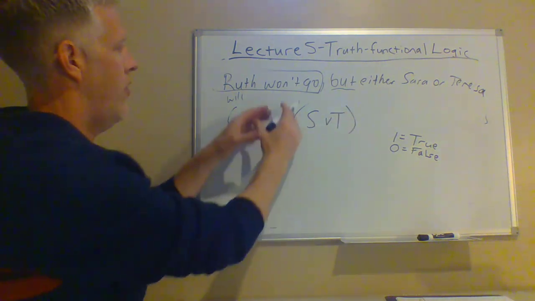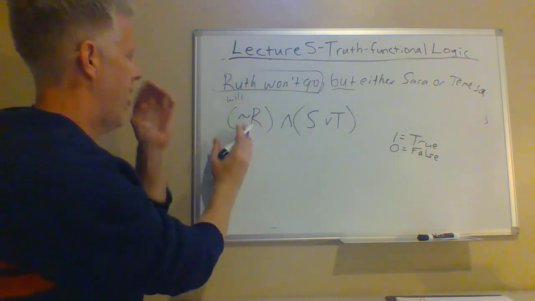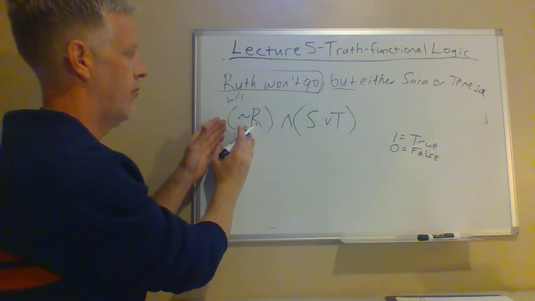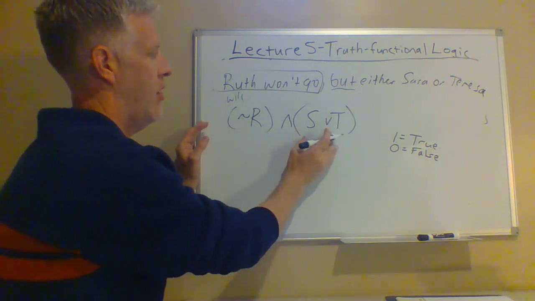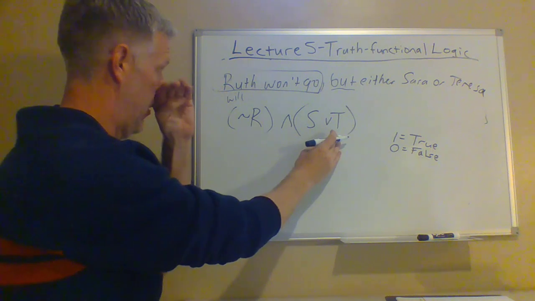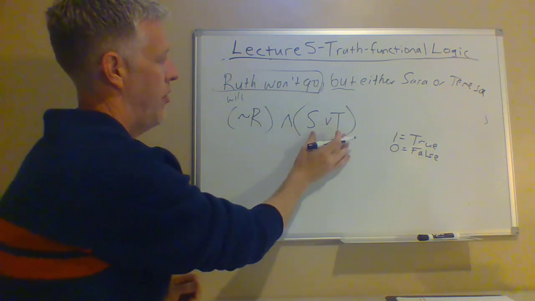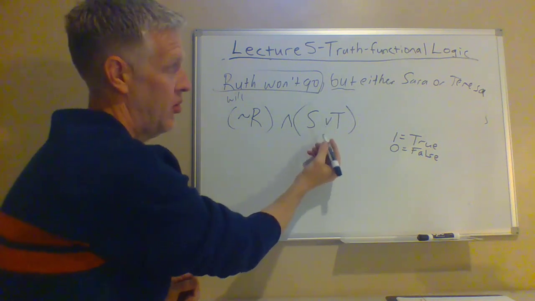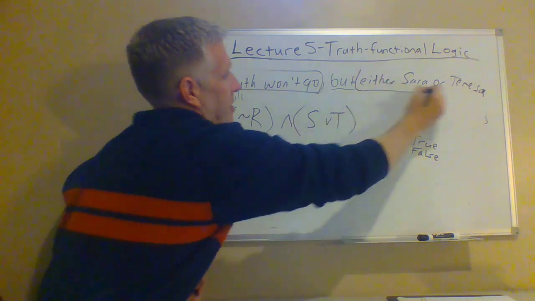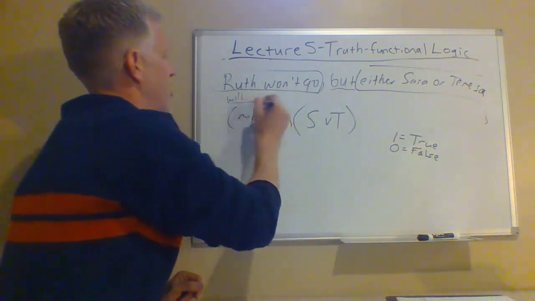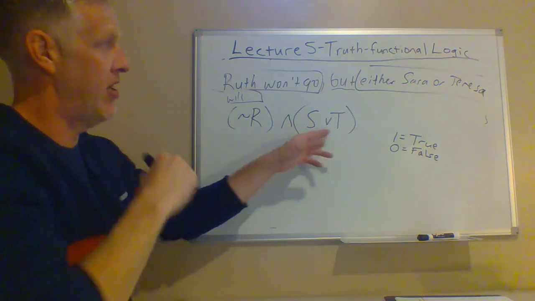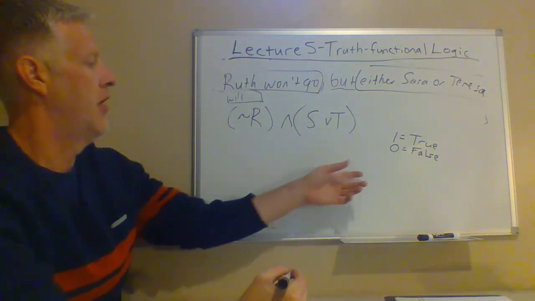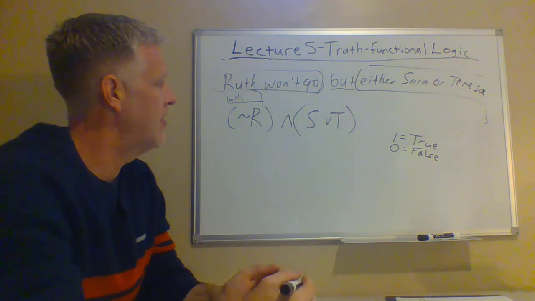So overall, it's a conjunction. On the one hand, we're told Ruth won't go, but Sarah or Teresa will. So within that right conjunct, there's actually a disjunction as well, because this is the right conjunct, and it's a compound claim in itself. So again, much more complicated than the basic stuff we started with.